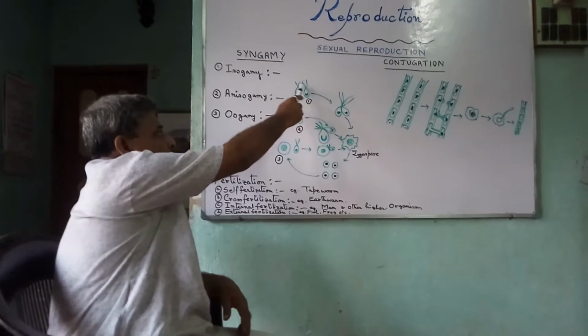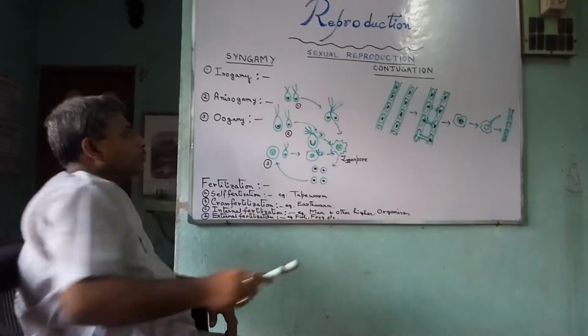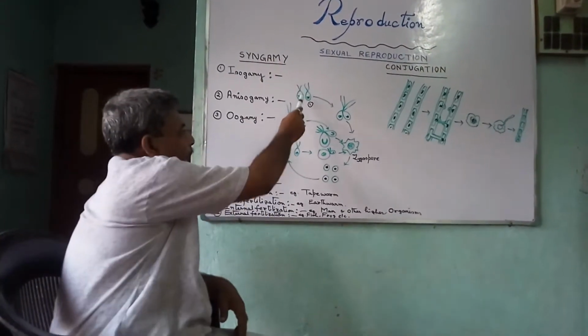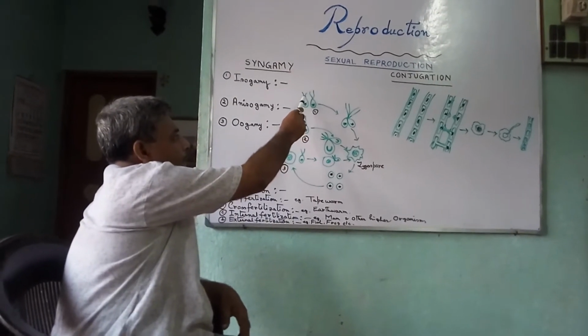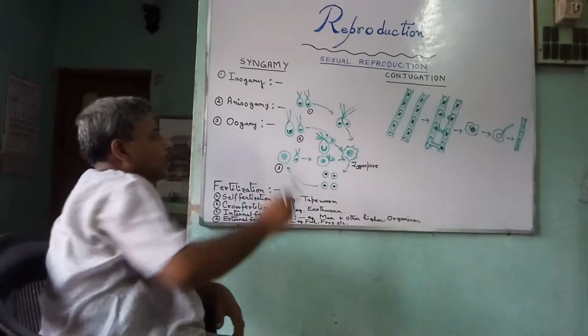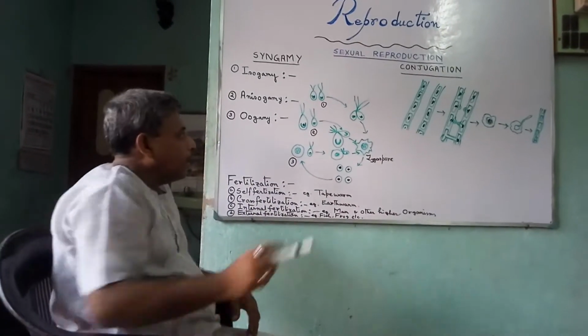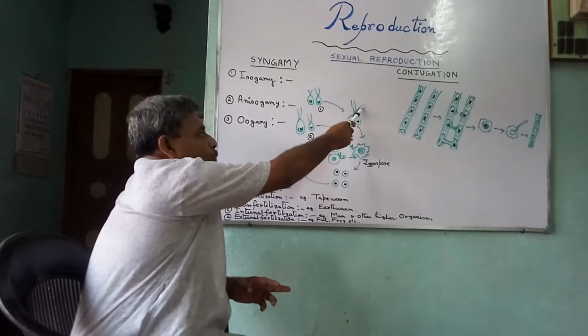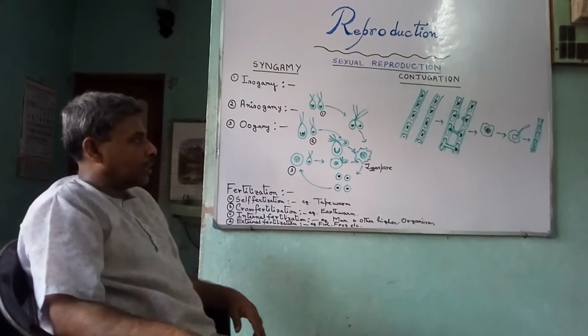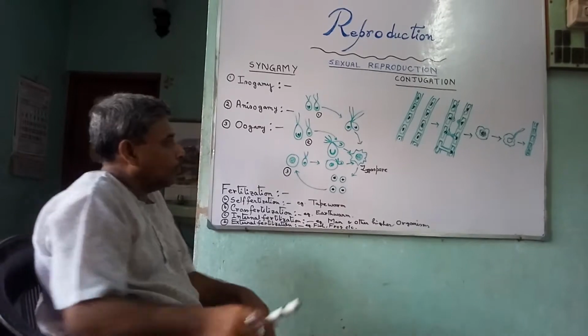Here both possess a flagellum, and it has a chloroplast inside, within which the nucleus remains. The two gametes get fused and attain the shape of a quadriflagellate structure having four flagella.